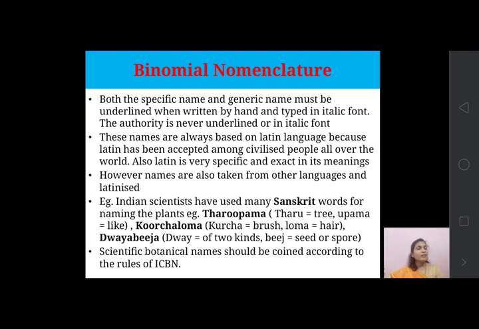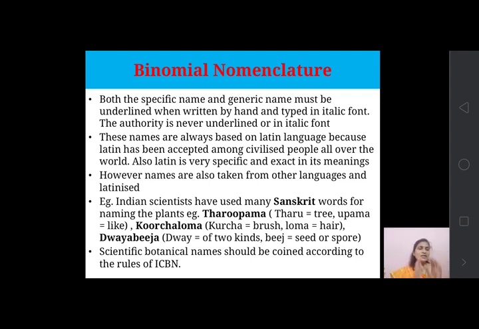The generic name always starts with a capital letter, whereas the species name always starts with a small letter. Both names are always underlined when handwritten, and when you type the name, it should be typed in italic font. The author name is mentioned after writing the generic and species name, and it should not be underlined or typed in italic font.